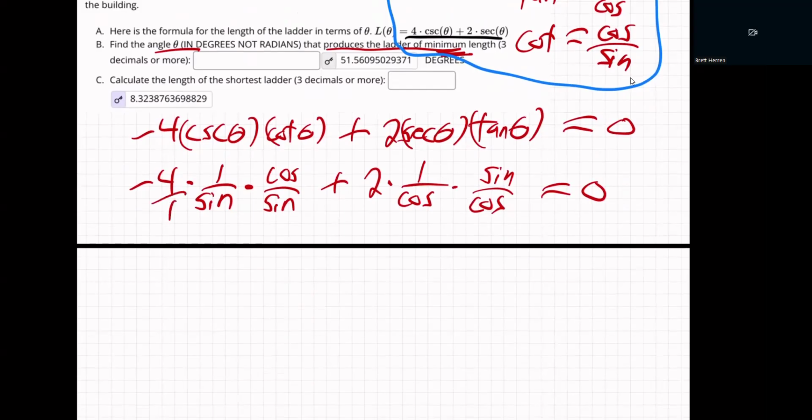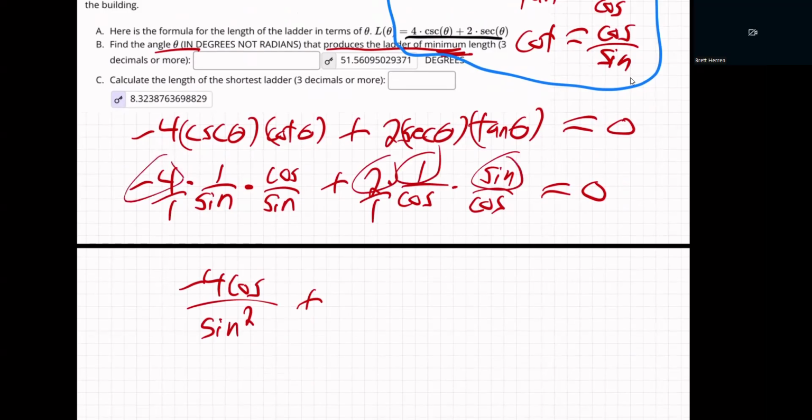Well, because now this is over 1, so we'll go to the top: minus 4 cosine over sine squared, plus 2 times 1 times sine over cosine squared, equals 0. All right, so we've got that.